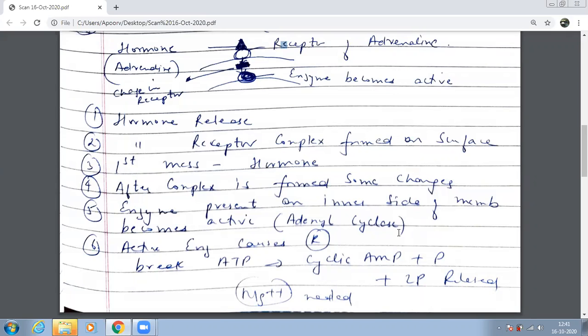Now listen. I hope there is no confusion, but still I'll take up this part again. Your active enzyme is going to cause certain reactions. What will happen by these reactions? The ATP will break into cyclic AMP and phosphate. What is AMP?